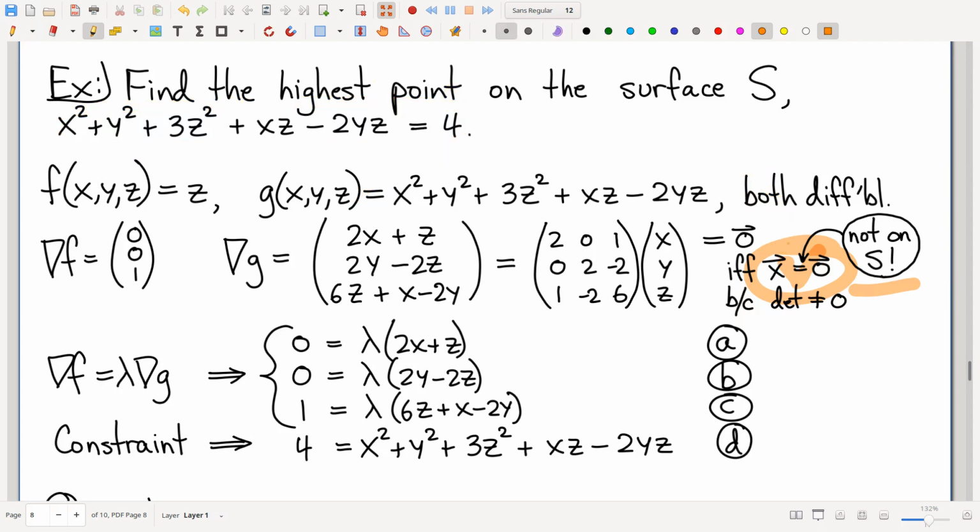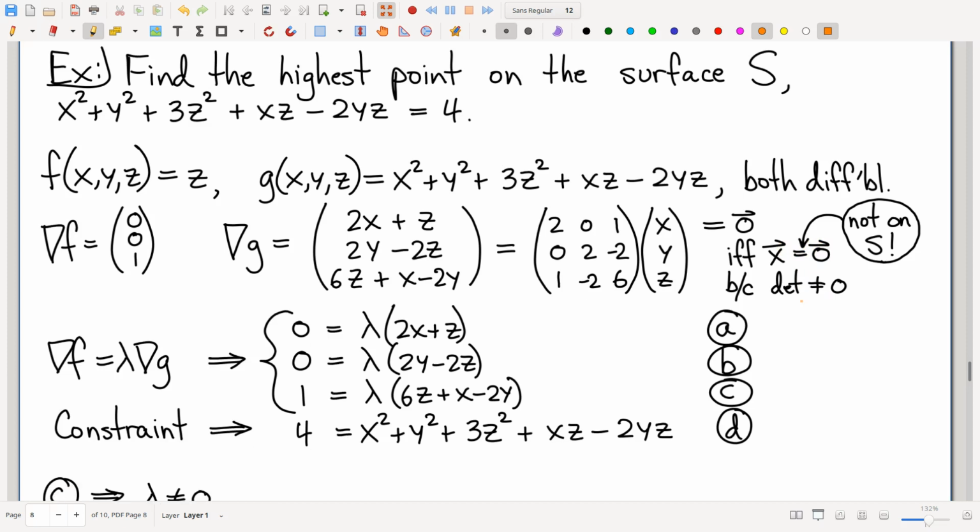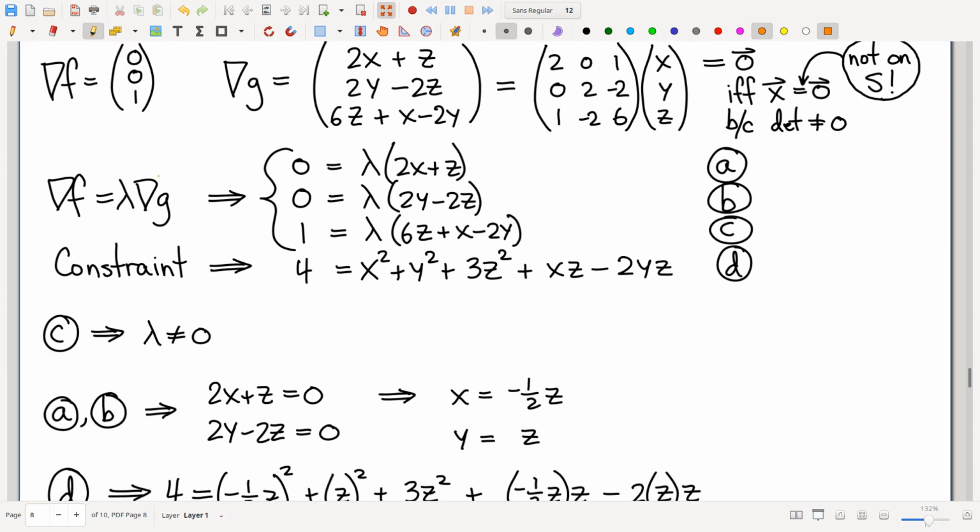All right. So now we're going to write down the Lagrange condition. You take the gradients that we computed above. Here's the objective gradient. There's the constraint gradient. This says the objective gradient is a multiple of the constraint gradient.